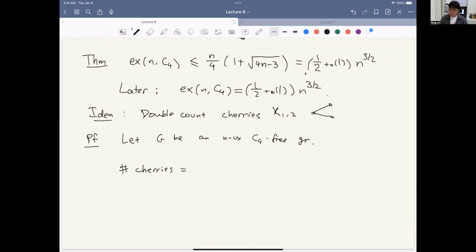One way of counting it is to start with its midpoint. So we start with a midpoint v. Look at its neighborhood, and all we need to do now is just pick 2 vertices here. We'll get our cherry.